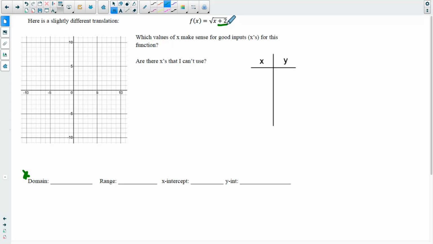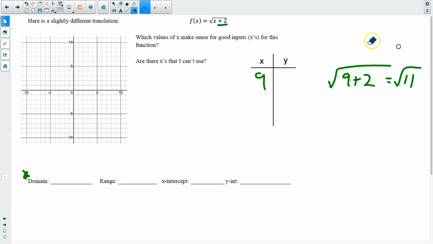Now, what number should we use for x? Give me one number to use for x. 9. I'll use 9. Let's see what happens. So I use 9, and I get 9 plus 2 is 11. What's the square root of 11? That's an awful number. So I don't need it.